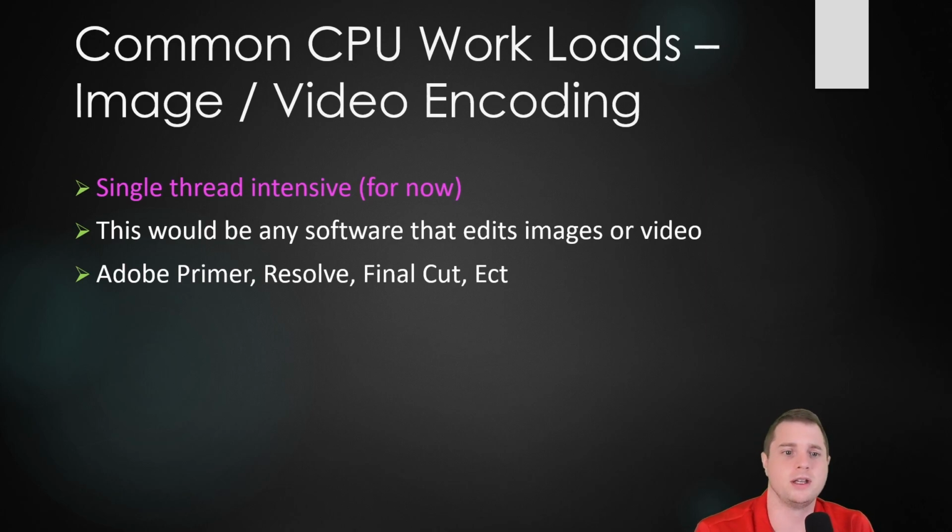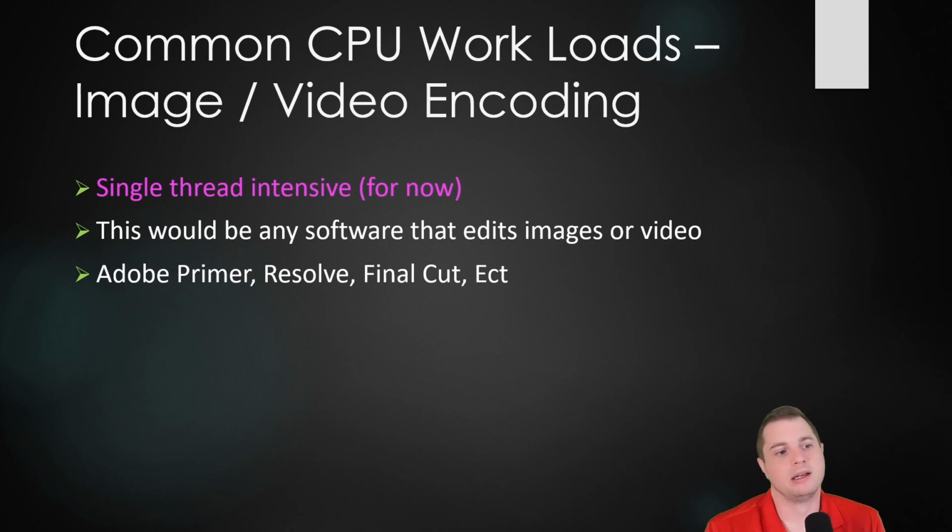Okay. Image and video encoding. So again, single threaded intensive for now, slowly changing. Especially when we're talking about things like streaming and OBS. There are streamers out there that have Threadripper systems that are using CPU encoding. Most normal people are going to use a GPU because you get so many threads there.